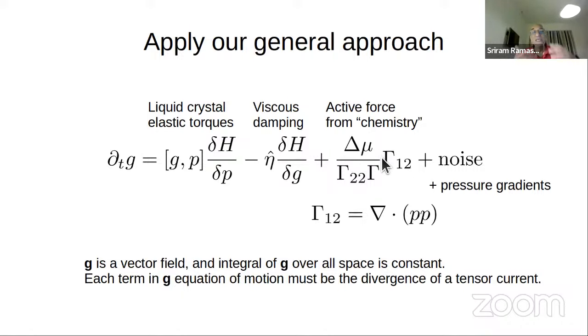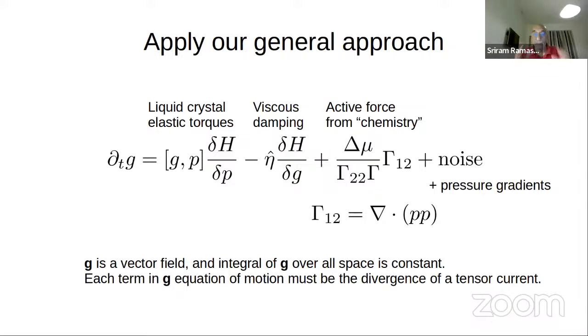any term that's allowed by the spatial symmetries of this system, right? The simplest term that's allowed by the spatial symmetry of this system and is not already contained in the existing terms is divergence of PP, in this particular case. I don't know if you're asking about this specific system or in general. The general prescription is you say that there's an off-diagonal coupling to the chemistry.